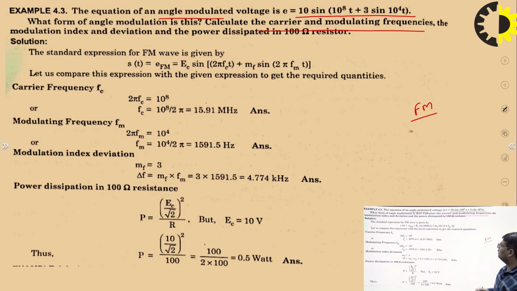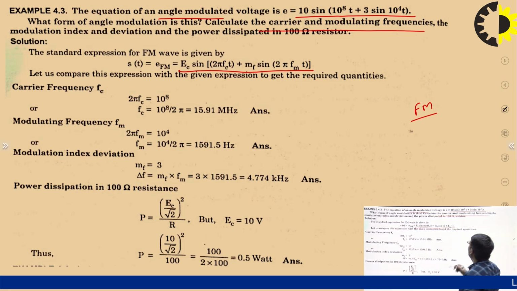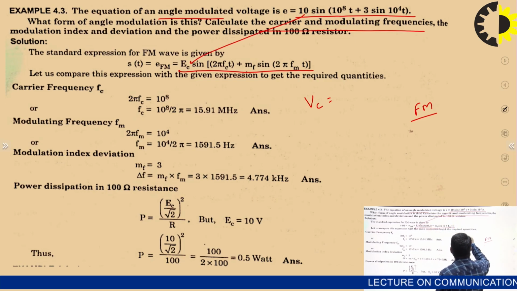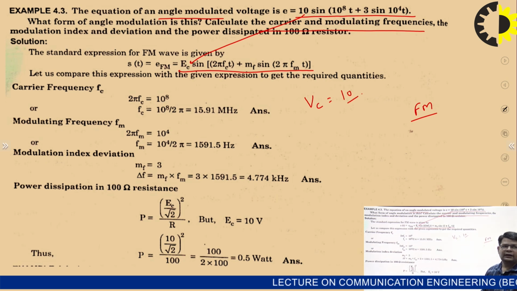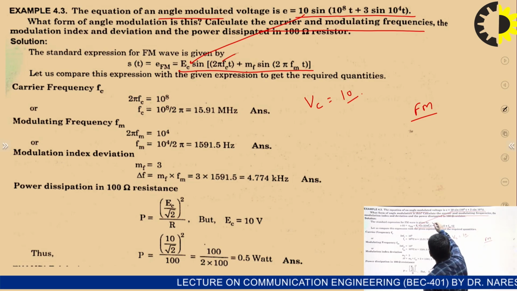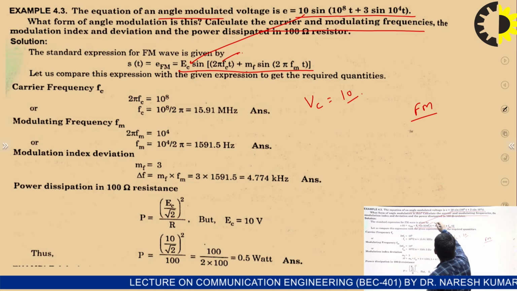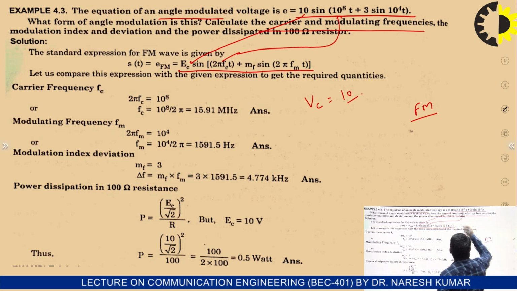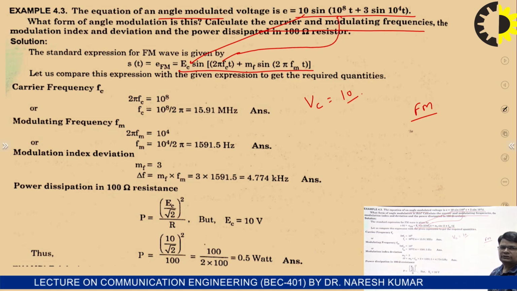If we compare this given equation with the standard FM equation, we can easily calculate that this 10 is basically EC, or we can say that the magnitude of the carrier is 10. And if we compare, it is 2 pi FC, which is 10 raised to power 8.